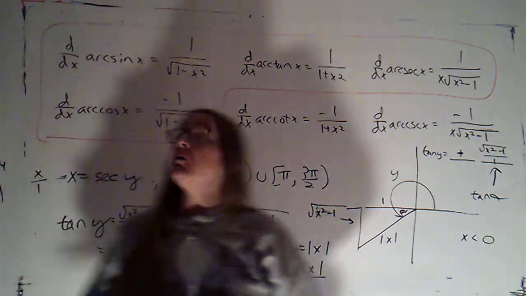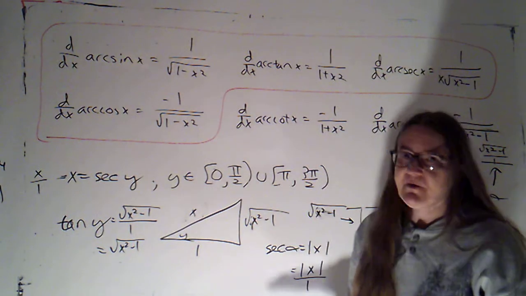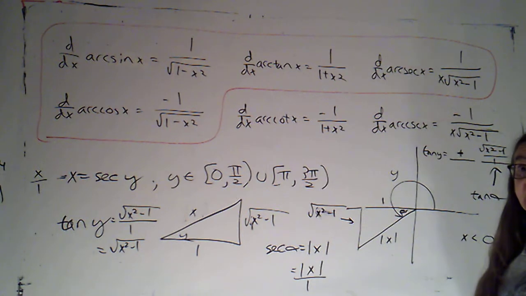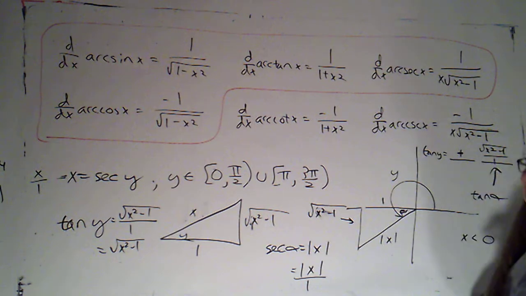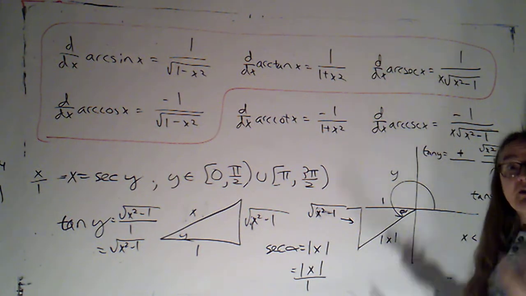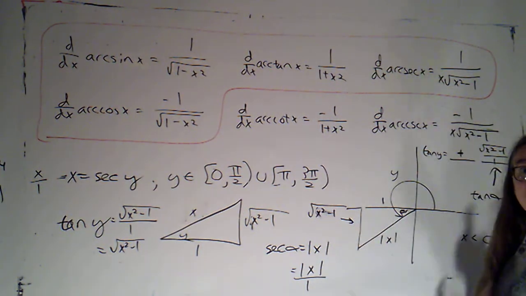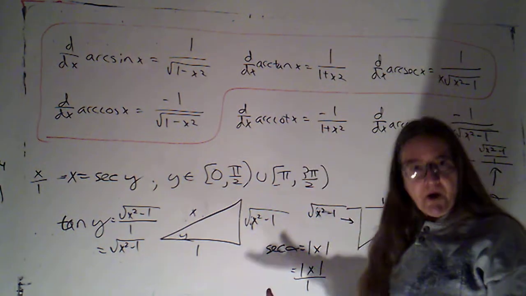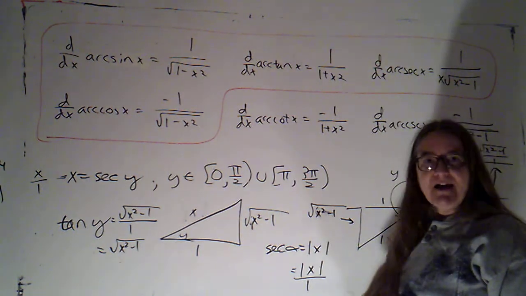So even though with arcsine and arccosine, we're going to get the same formula in both quadrants as well, if you're using the triangle method to prove that, I want to see two pictures, one triangle in each quadrant. For that reason, I recommend going with just using identities, because then we were able to sort of do it all at once. We were able to say, hey, my angle y is in one of these two quadrants, but in both of those quadrants, my trig function is positive, so I'm going to choose the positive square root.